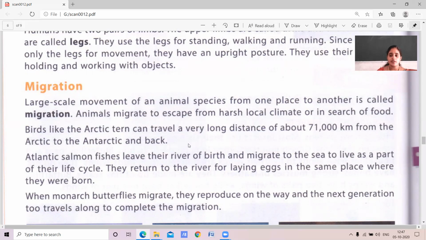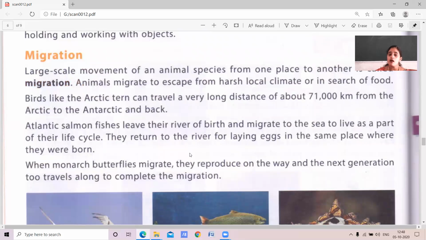So we call that migration. Large scale movement of an animal species takes place. They will move from one place to another place. We call it migration. Animals migrate. Why? To escape from the harsh climate or in search of food.